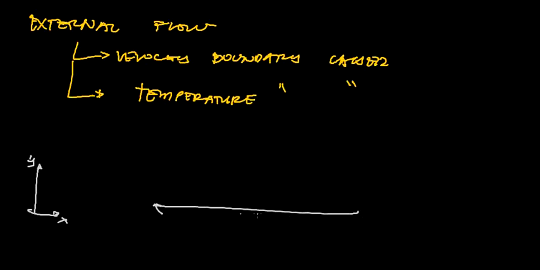Okay, so say this is our flat surface, and to start with, say we have a fluid stream initially on this left side with some velocity, right?